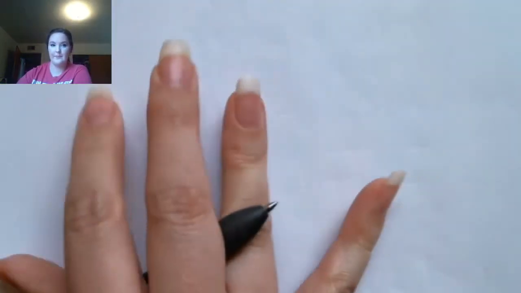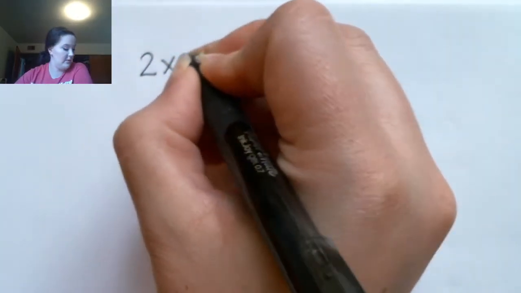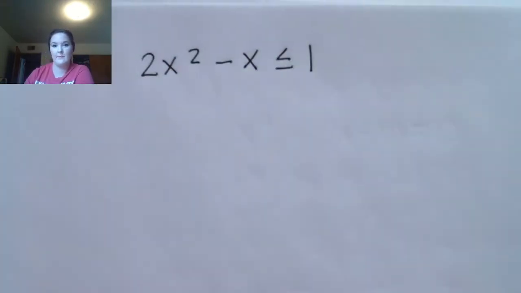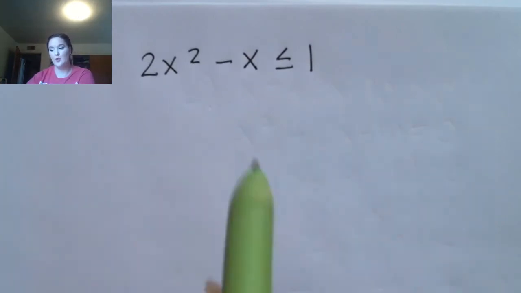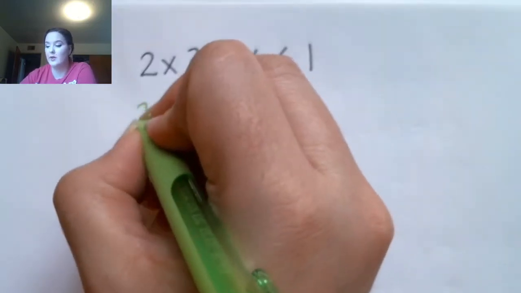Let's see a third example of this method. So the first thing I'm going to do is subtract 1 from both sides so that I have everything on the same side and I'm comparing to 0.